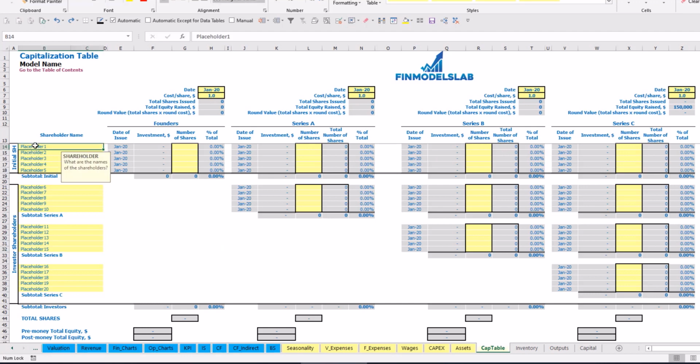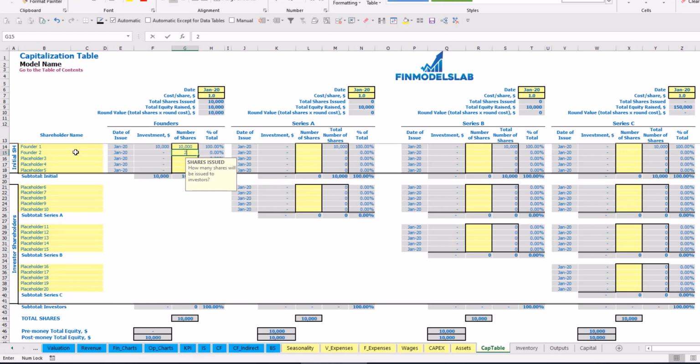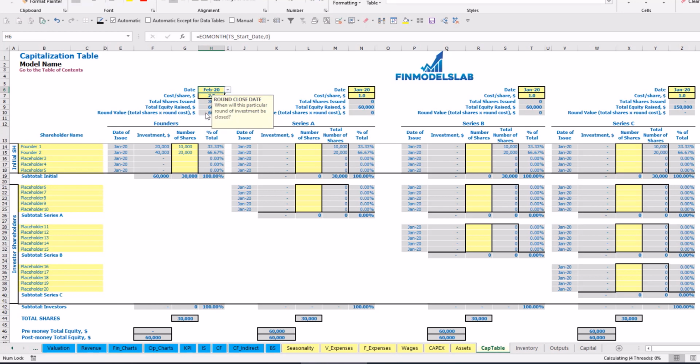Let's pretend that we have two founders, founder 1, founder 2. So total amount of shares for founder 1 can be 10,000, for founder number 2, 20,000. Let's imagine that cost of share will be $2 and the date of founding is February.